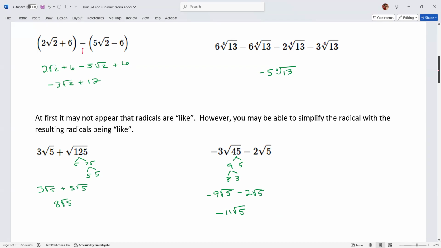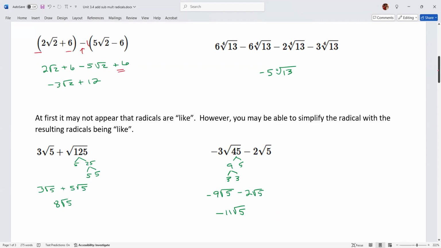So if you have parentheses preceded by a negative, remember, you're really going to distribute a -1, which is going to flip signs. So dropping the parentheses, I can just drop these because there's nothing in front, an implied 1. So 2 square root of 2 plus 6, and then I distribute that -1. That'll give me -5 square root of 2. And -1 times a -6 is a +6. So this is often a sign mistake.